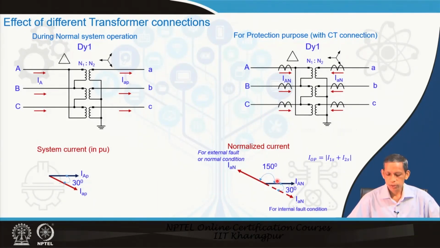Therefore, the low voltage side will be making an angle of 150 degree with the high voltage side, and this is for any normal loading condition or external fault. But for an internal fault, again it will be making 30 degree. So, like the earlier case, this phase angle has to be compensated, so that the small I will be aligned to the high voltage current phasors.